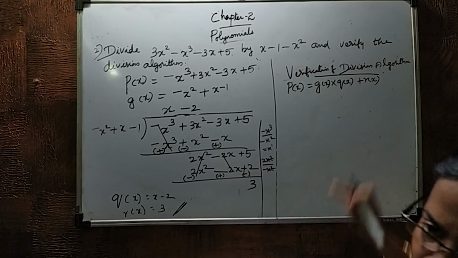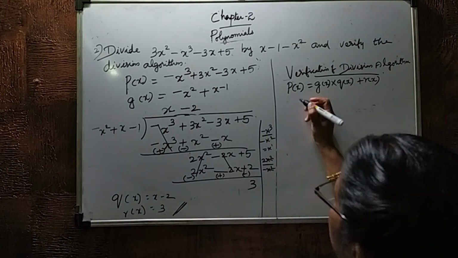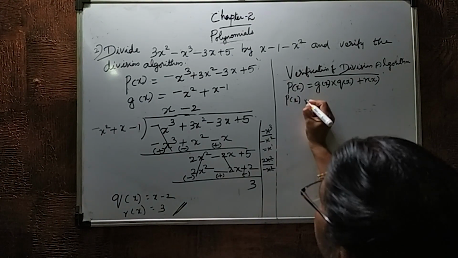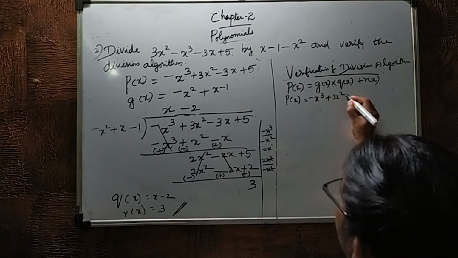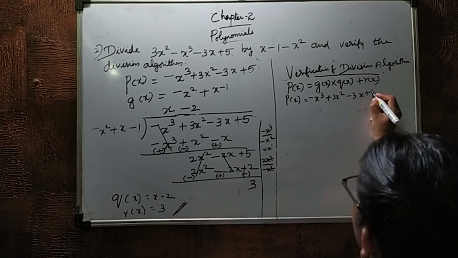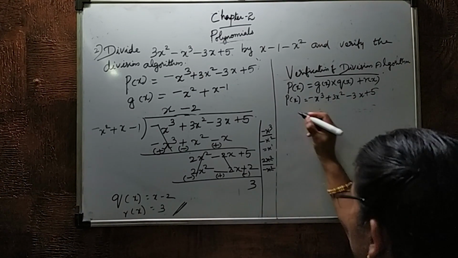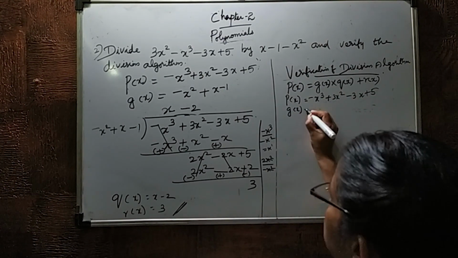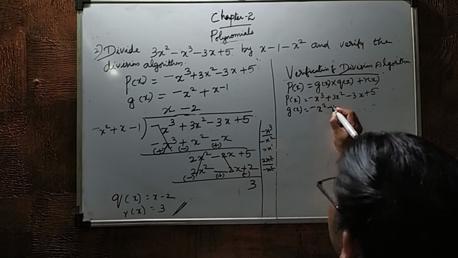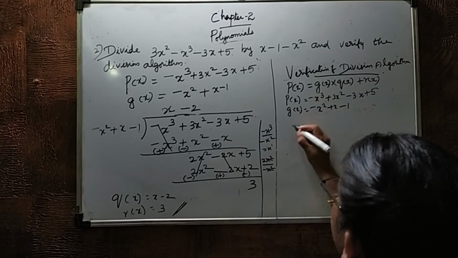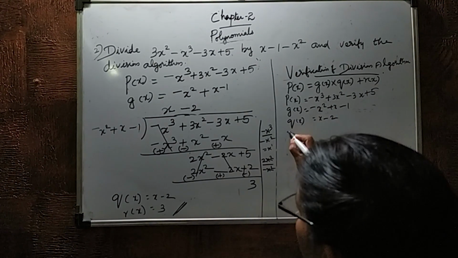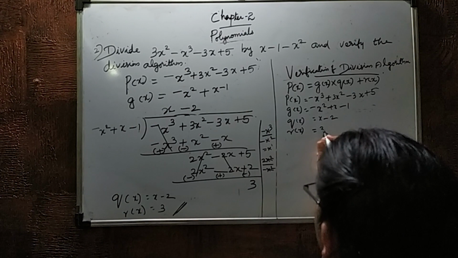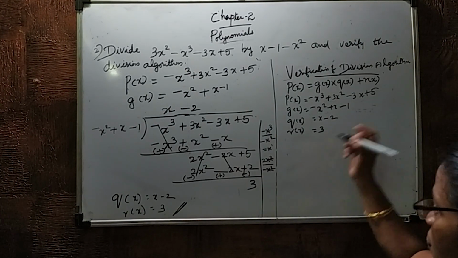This is the thing you have to remember. P of x is equal to negative x cube plus 3x square minus 3x plus 5. And G of x is equal to minus x square plus x minus 1. Then Q of x is equal to x minus 2 and R of x is equal to 3. We are going to apply this one.